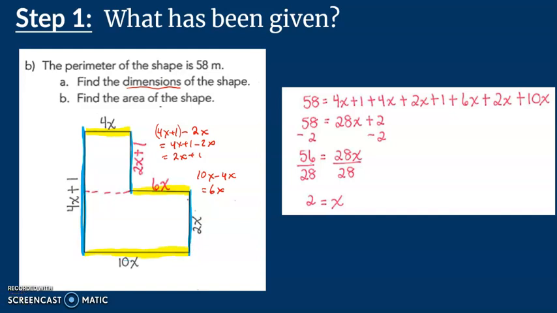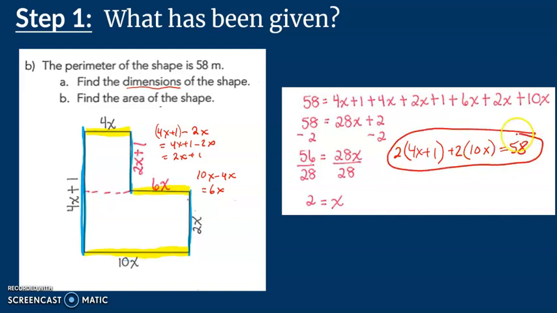So the shorter way of working out this perimeter, and you're allowed to use this, is to say it's going to be 4x plus 1 doubled and 10x doubled times 2, which would be equal to the perimeter of the whole shape. So that's another shortcut way that is perfectly legal in calculating.